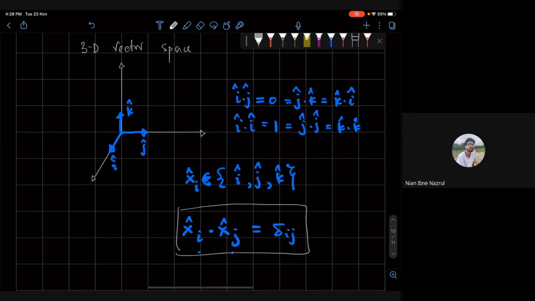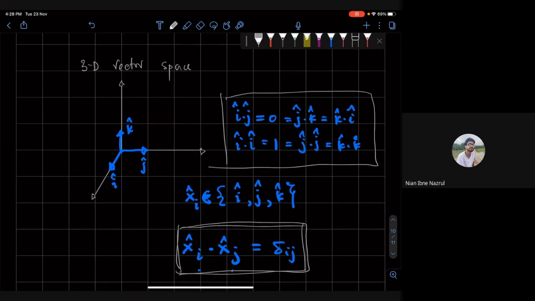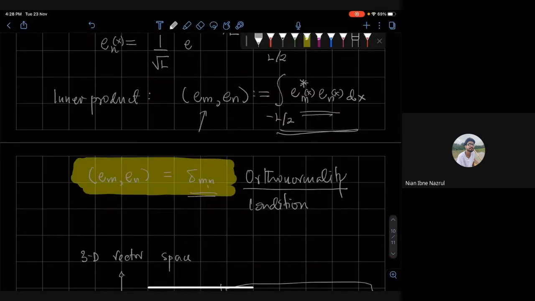So these familiar expressions are nothing but expressing the fact that we have these basis vectors which are orthogonal and normalized. So here our vector space was 3-dimensional, but here we have a vector space which is infinite dimensional because m and n go from minus infinity to plus infinity, right? And integers. Okay, it's a countably infinite vector space. Its dimension is countably infinite.